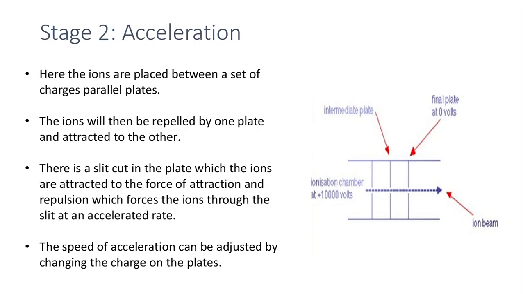And the speed of acceleration can be adjusted by changing the charge on the plates. So the right side image shows the ionization chamber at plus 10,000 volts, ion beams, an intermediate plate, and the final plate at 0 volts. So this is the stage of acceleration.